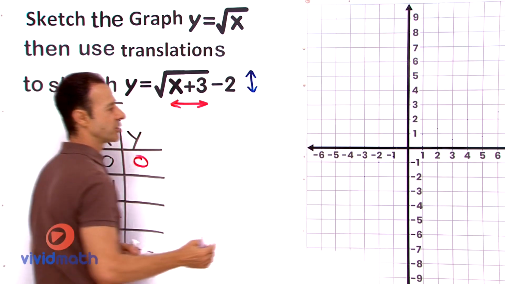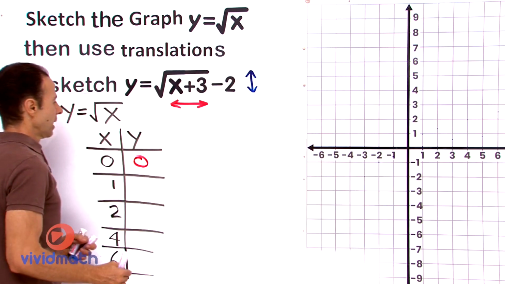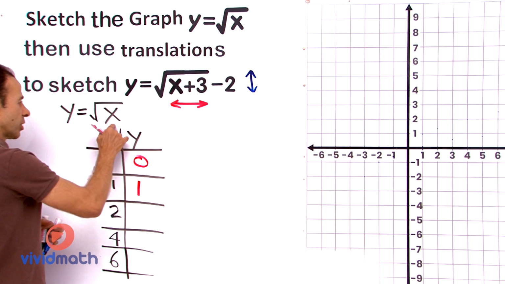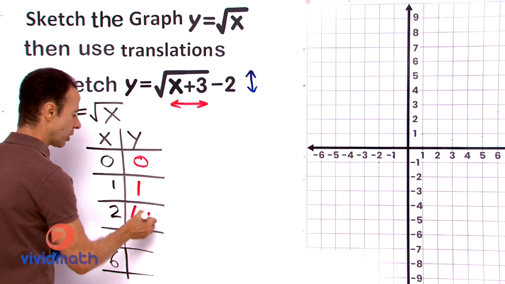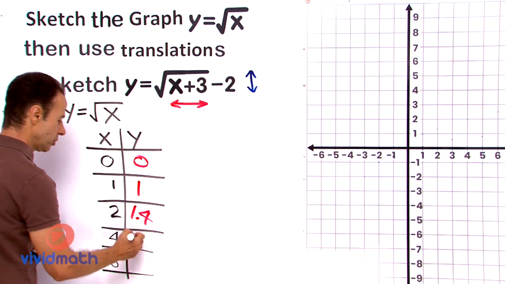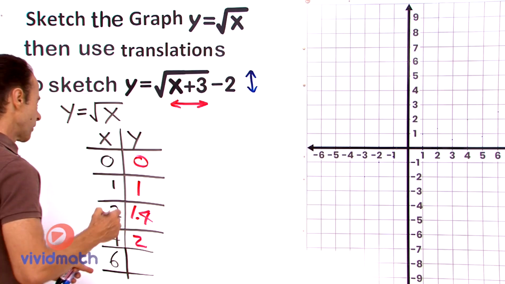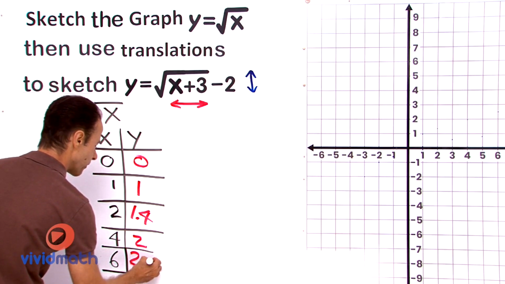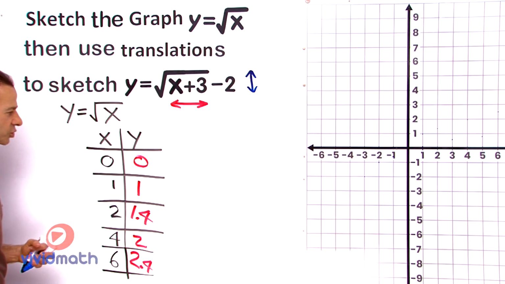So we know it all starts at the origin right there. And we'll substitute 1. The square root of 1 is 1. The square root of 2 is 1.4 approximately. The square root of 4 is 2. The square root of 6 is approximately, not exact, but approximately 2.4. It's good enough for us to draw that.